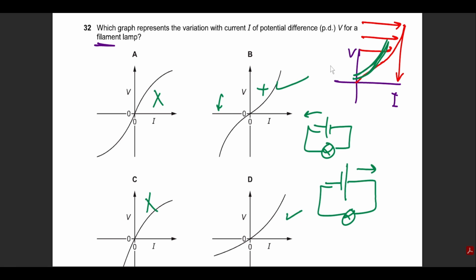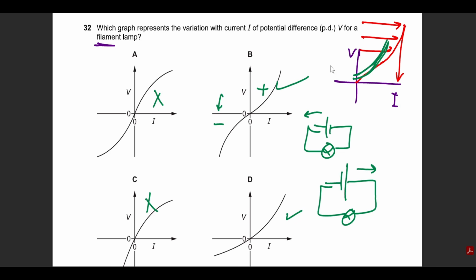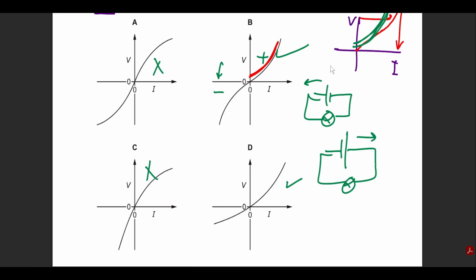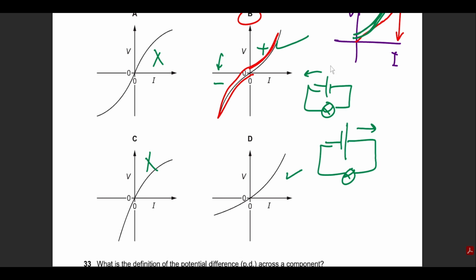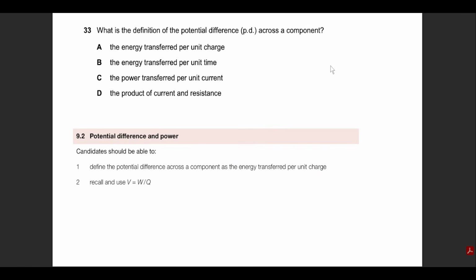So it could be either positive current or negative current, just the direction of the cell orientation. It should behave the same way in both directions. So most likely should be B. Here I can see that behavior on this side is different as compared to the behavior on this side. So for example, if I apply a negative voltage, it has different values of current. And if I apply positive voltage, it has different behavior for current. So the filament lamp, because it's a resistive component, should behave exactly the same in both directions.